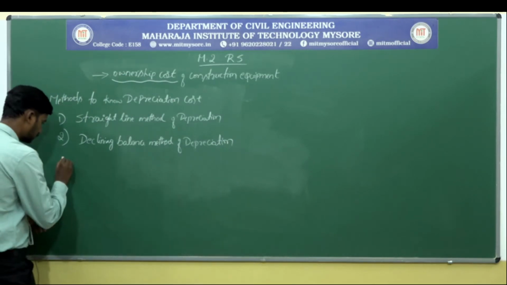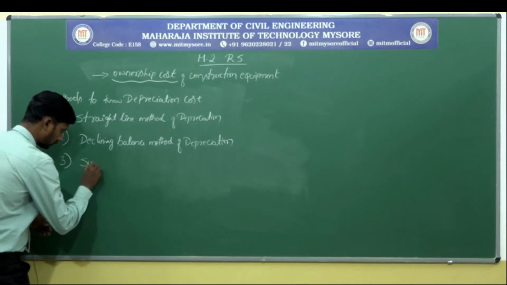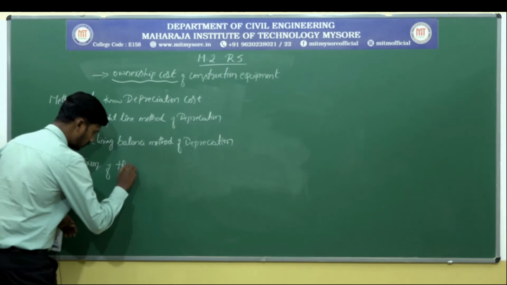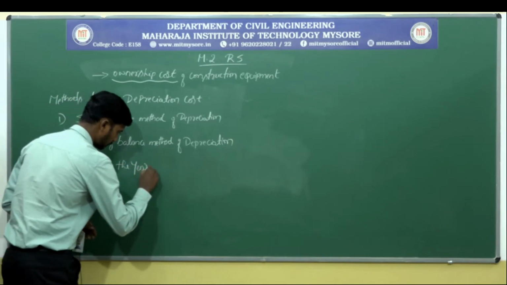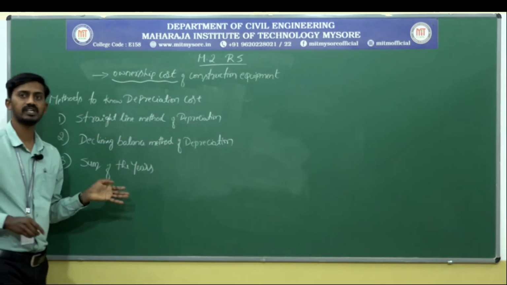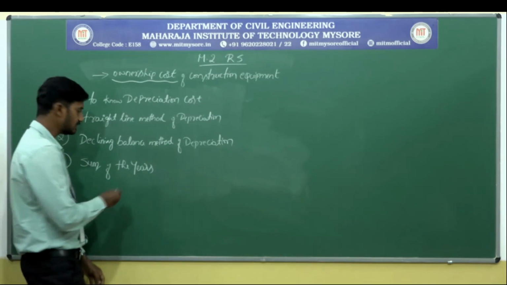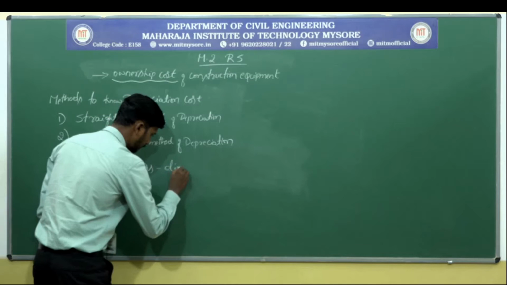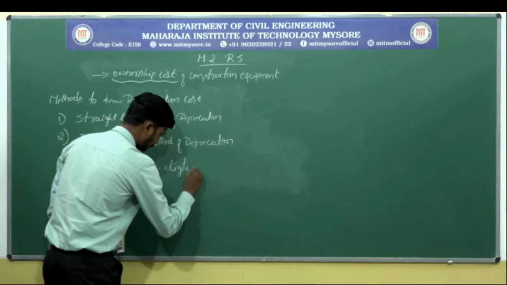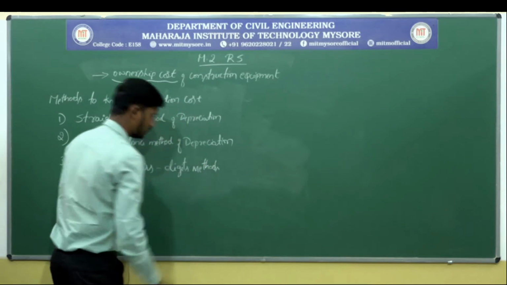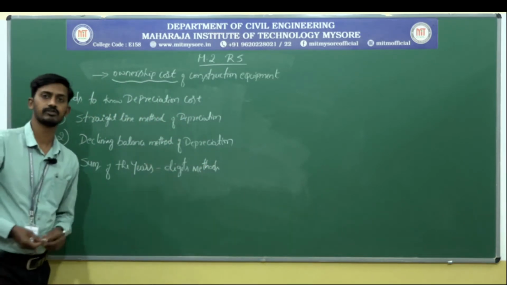Third one is the sum of the years, or summation of the years, also considered as the digits method of calculation of depreciation.